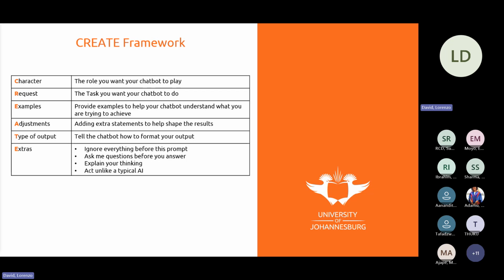Kofi, what you will do in this case is add a statement to your actual prompt, and you will say, please only use material from peer-reviewed journal articles or textbooks.